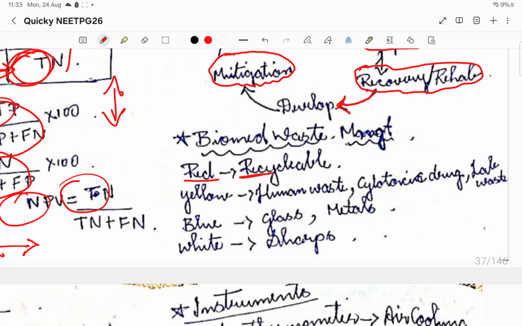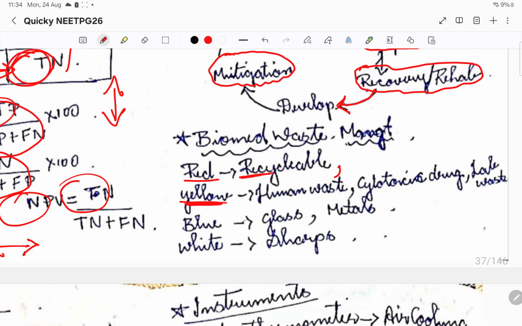This is a controversial thing. Where should the blood bag go? The blood bag is also plastic, right? Plastic or a rubber thing. Where should it go? Some of the books and even the internet have given it as red, but in our exams, in the answer key, they are giving yellow. I don't know why, probably because they think it is communicable and infective.